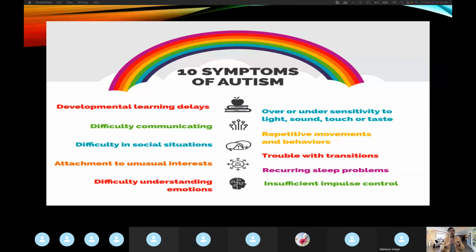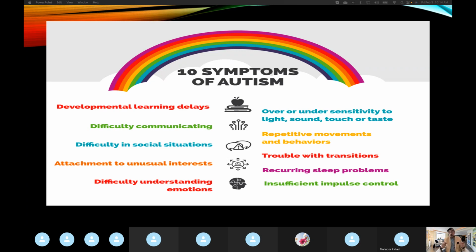The 10 most important symptoms of autism for you to understand when you see a child are: one, developmental learning delays. Now, it's a learning delay, and it's not associated with other things, so this is important. Then difficulty in communication, single word or no communication.